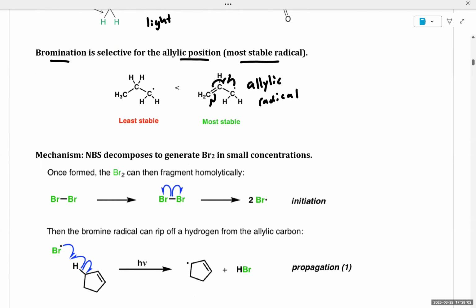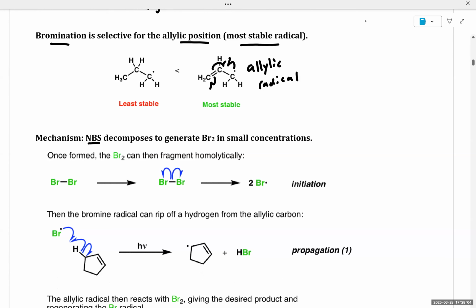In terms of the mechanism, N-bromosuccinimide naturally decomposes to generate bromine in small concentrations. Once formed, the bromine can then fragment homolytically. So the bromine-bromine bond breaks, and we generate two bromine radicals.